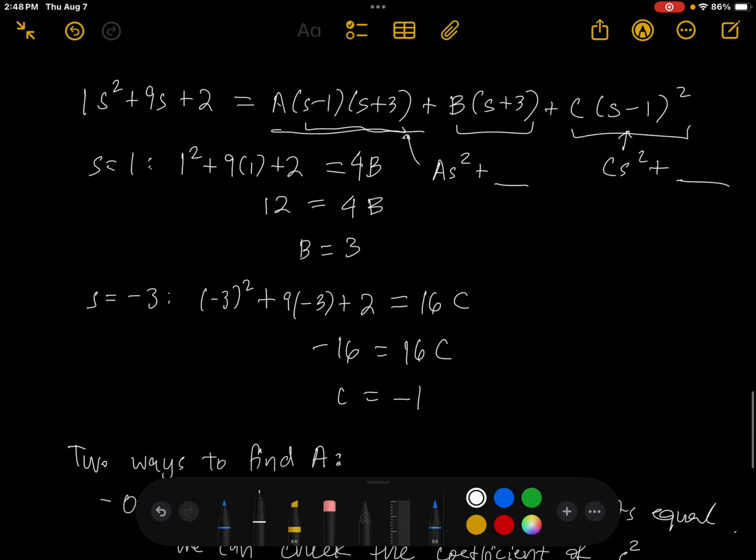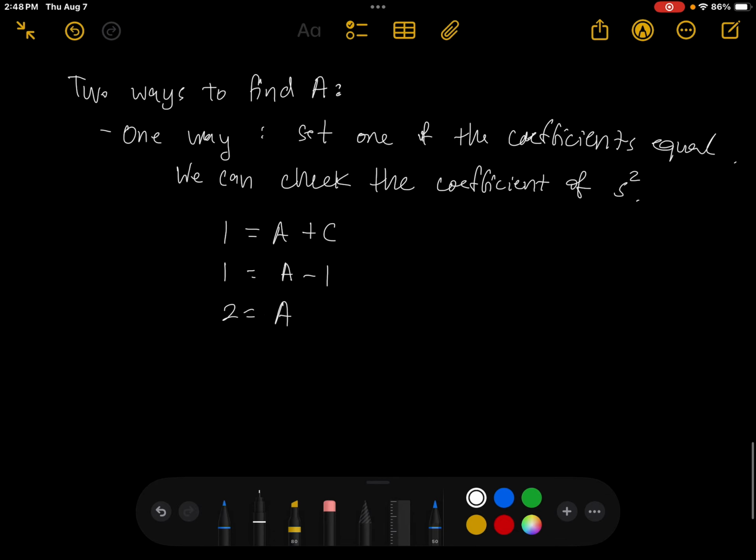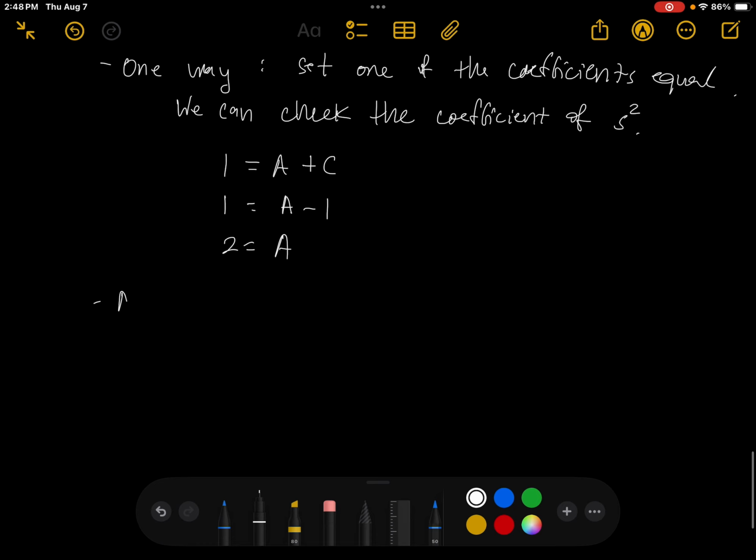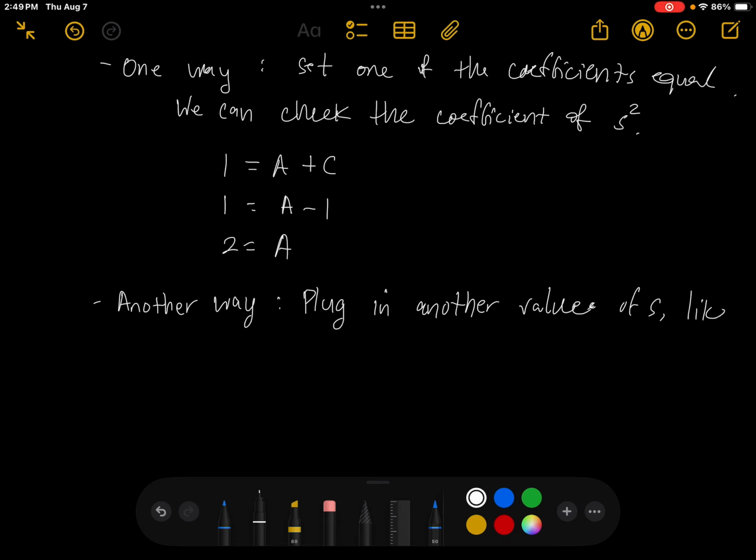Okay. So that's one way to do it. Another way is to just plug in another value of s. And often that value of s is going to be 0.